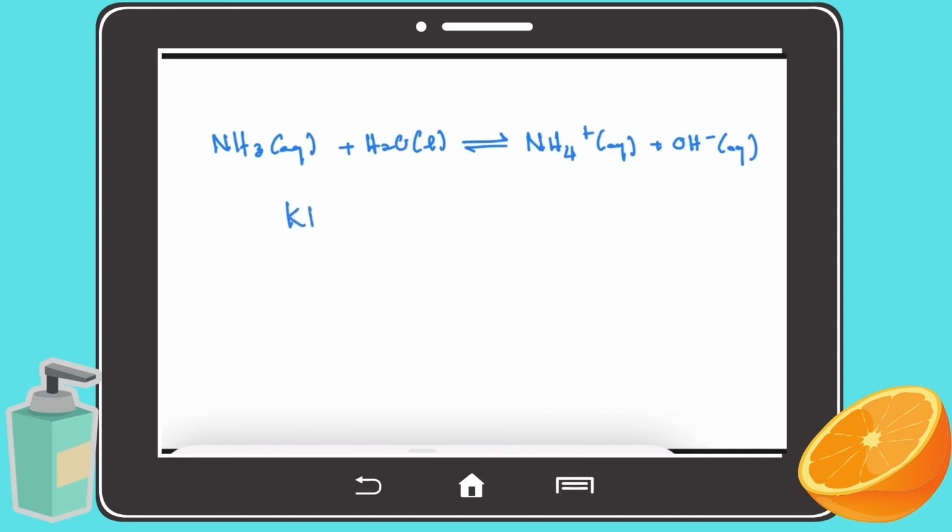So the expression is Kb... It depends on the concentration of each ion that exists in the equation, and Ka and Kb are only for weak acids or bases. Right? So that's all. Thank you.